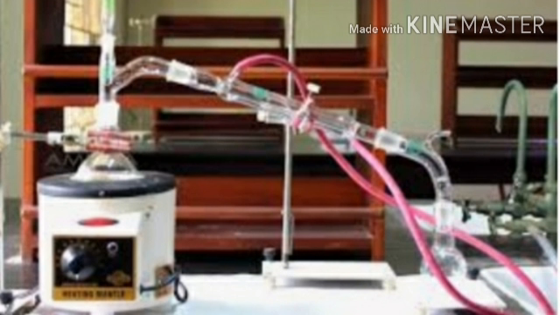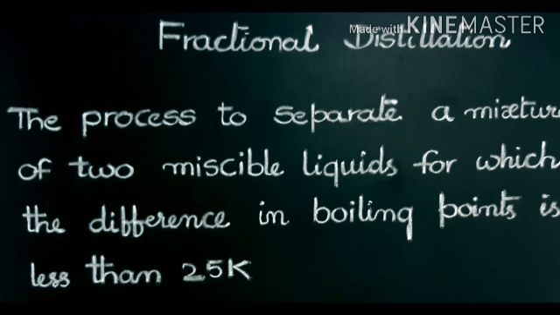Now I am going to explain another modified distillation, that is fractional distillation. So what is fractional distillation? Fractional distillation is the process to separate a mixture of two miscible liquids for which the difference in boiling points is less than 25 Kelvin.